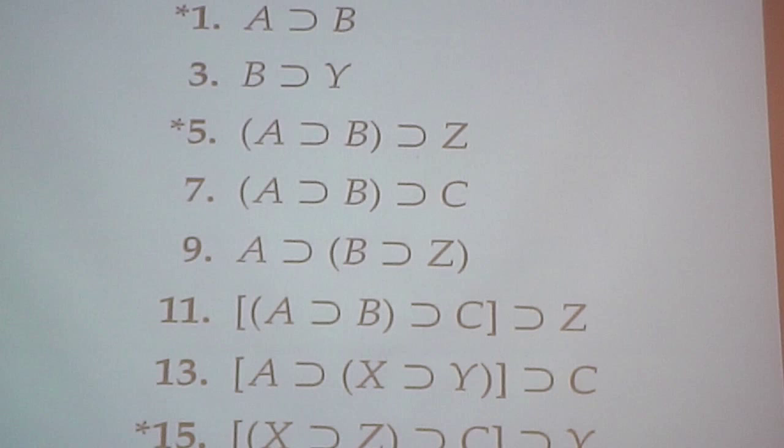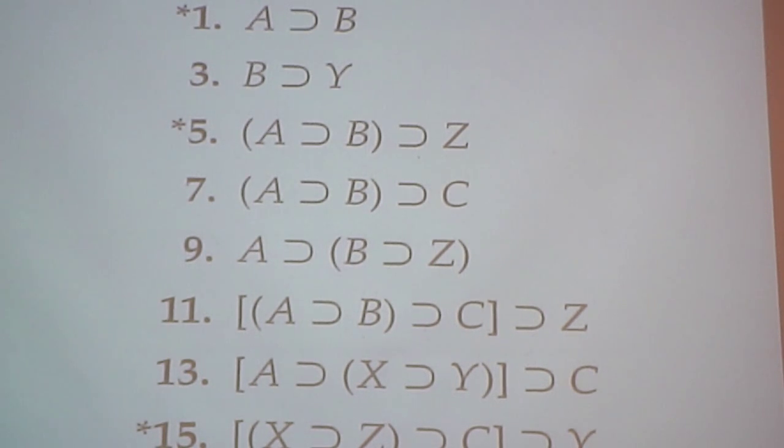Remember, the simplest horseshoe is simply read if P, then Q. If, your beginning word, then you read whatever is in the antecedent position. If it's P, you read P. If it's something more complex, you read what it is, the way we read them. When you're done with the antecedent, you come back to the horseshoe, say the word then, and you read the consequent, whatever it is. If it's Q, just say Q. If it's more complex than that, you read whatever it is. A conjunction, a disjunction, another horseshoe, whatever.